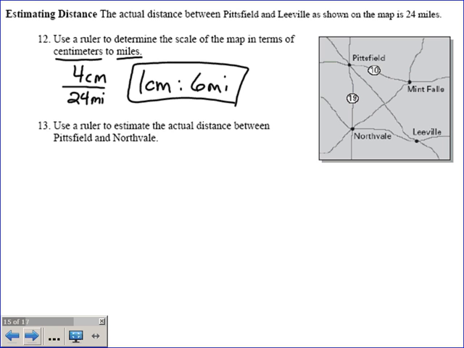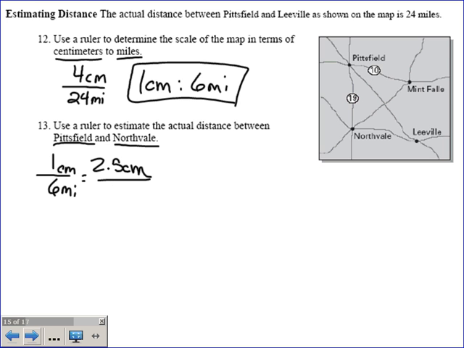That's our scale. Use a ruler to estimate the actual distance between Pittsfield and Northvale. Okay, so what is it in centimeters? 2.5. So we have 2.5 centimeters, and 1 centimeter represents 6 miles.